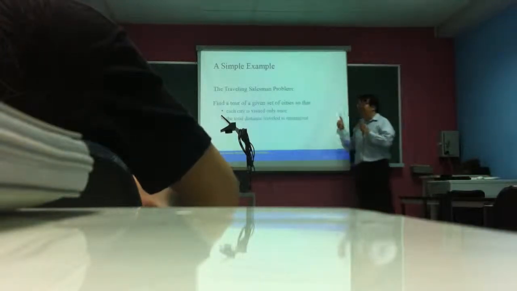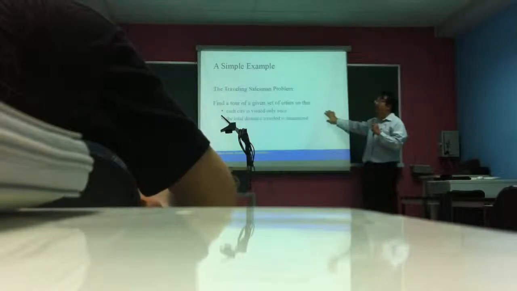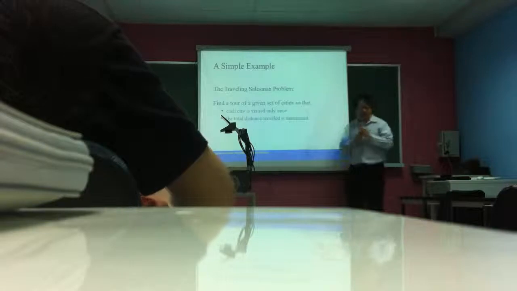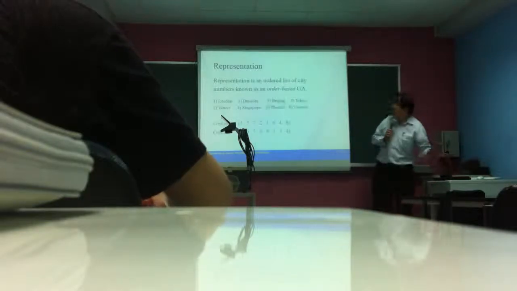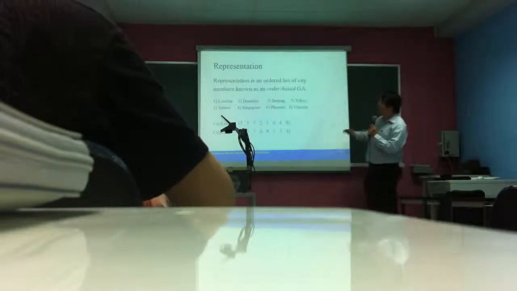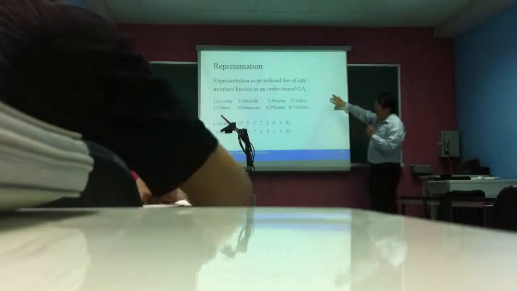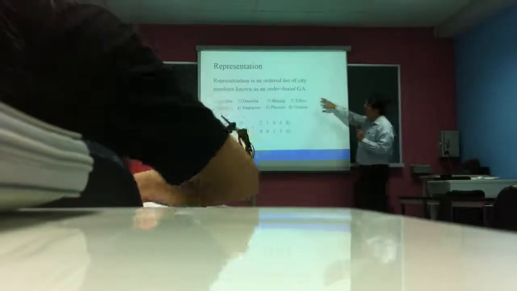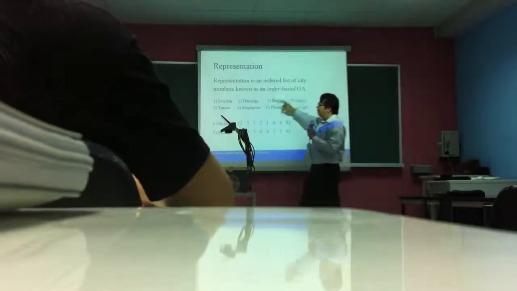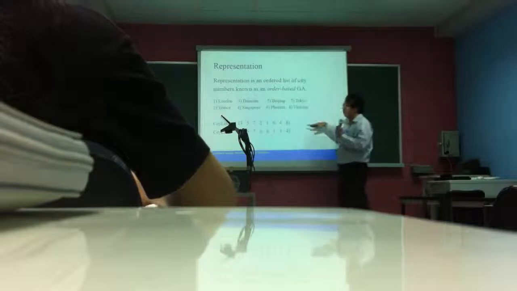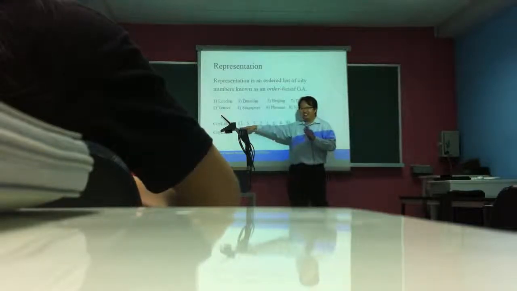So is this a mathematical problem, right? Because we know what the minimum is. Like this one, we have 8 cities, and we know. So when the salesman goes to this kind of city, we can call it like a string, right?